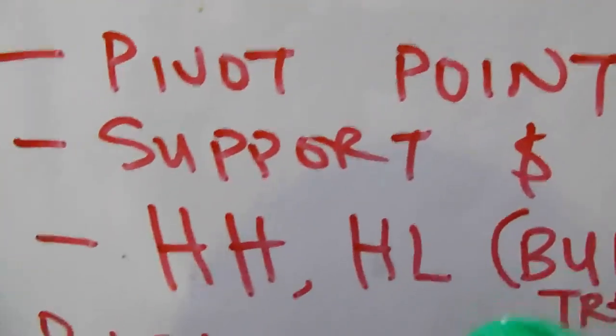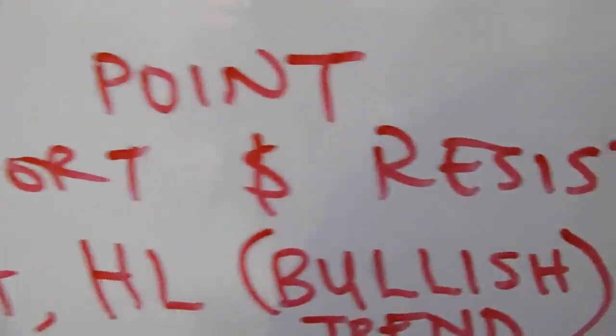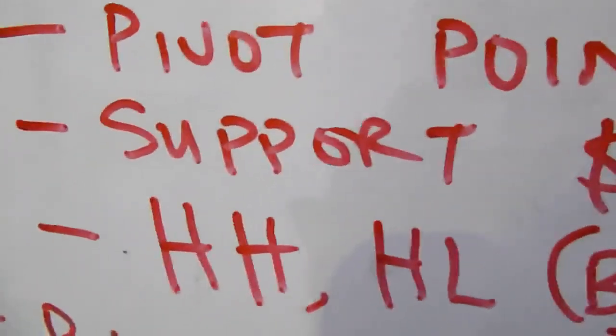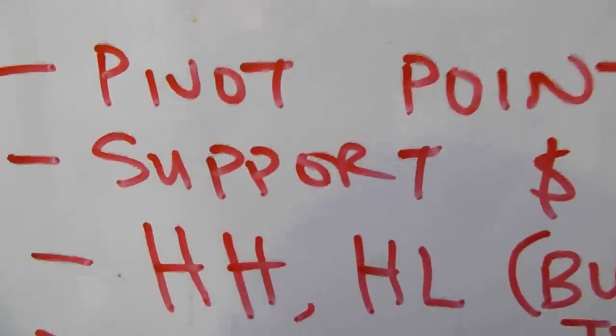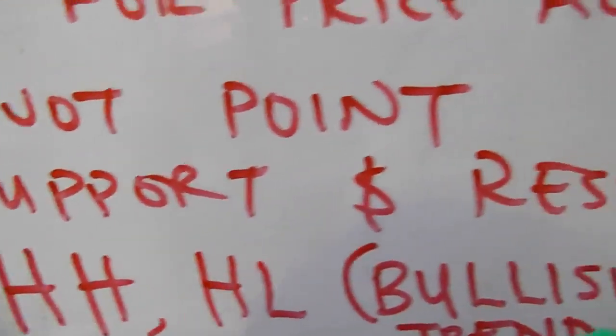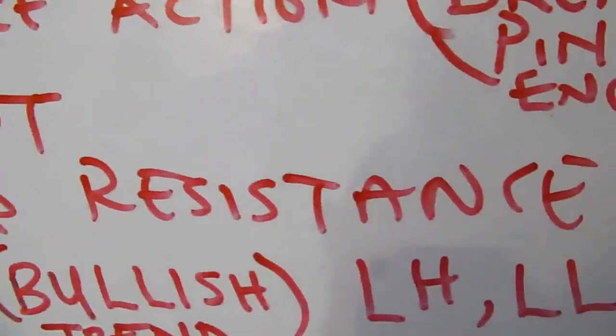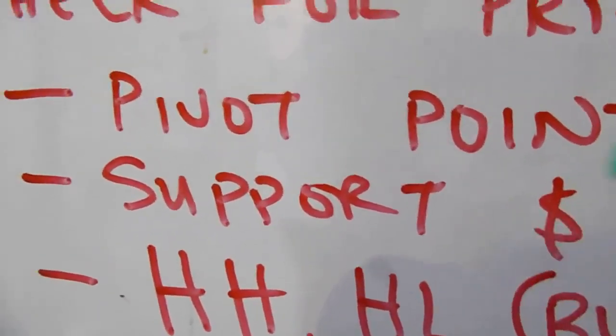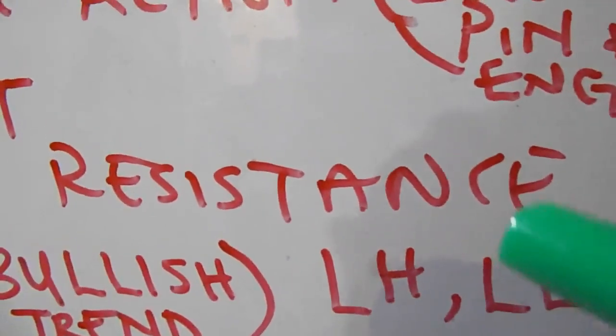So apart from the pivot point, you also check for the support and resistance on the chart. If price is at the resistance or at the support, you might want to pause, or you might want to take a particular decision. Possibly you might want to buy or you might want to sell. But at the support it is always advisable that you buy, and it is advisable that you sell at the resistance.